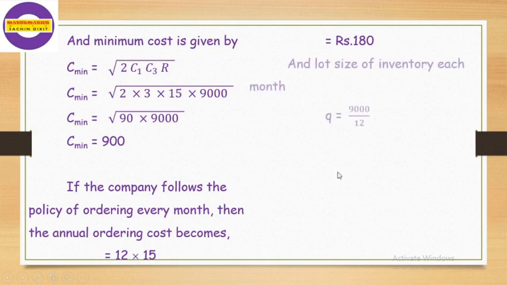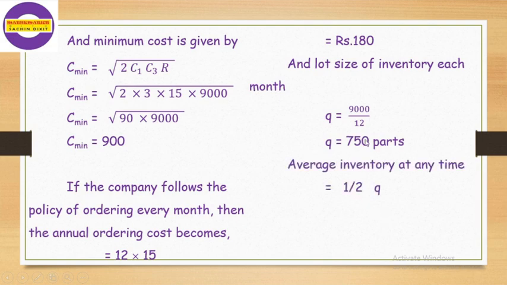Then the lot size of inventory of each month is Q, where total demand is 9,000 and we order per month, so we divide it by 12. So it gives Q is equal to 750 parts.